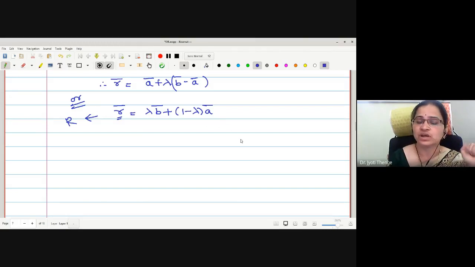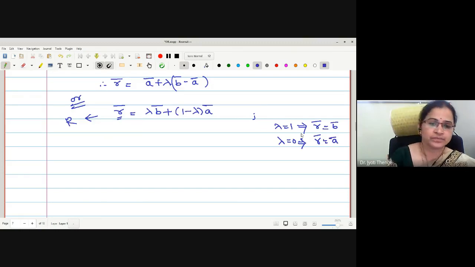Therefore, in vector form, one can find the equation of a line passing through 2 points with the help of this. Here, if we restrict the values of lambda between 0 and 1, what will happen? If I put lambda equal to 1, R bar gives me B bar, and if I put lambda equal to 0, R bar gives me A bar. Correct?